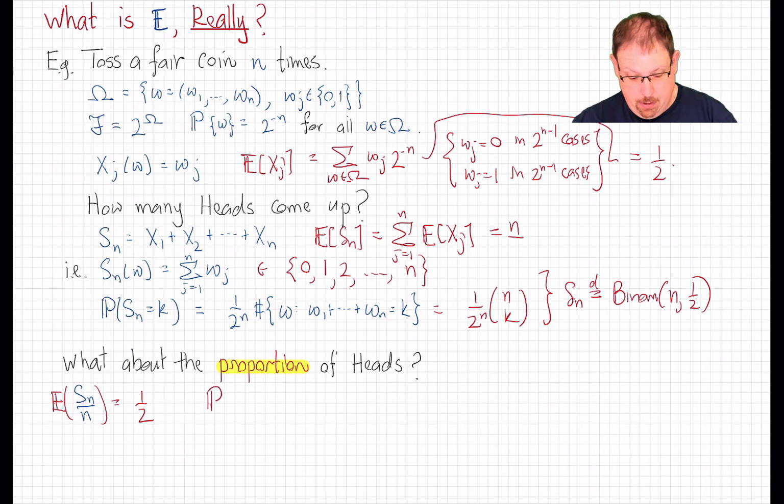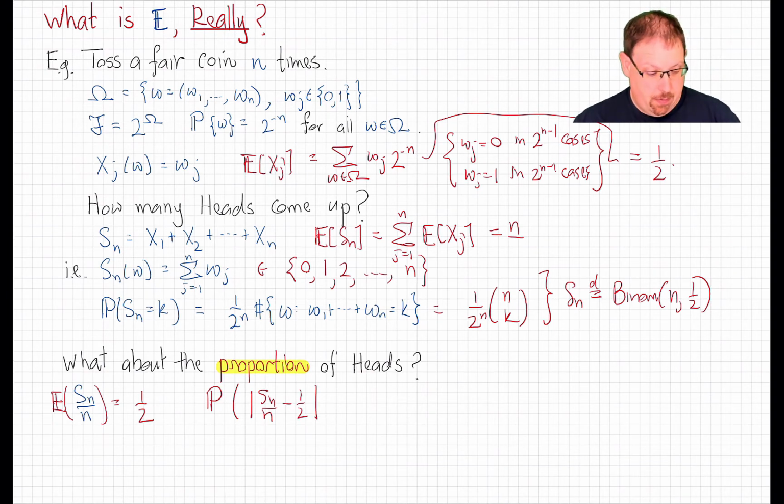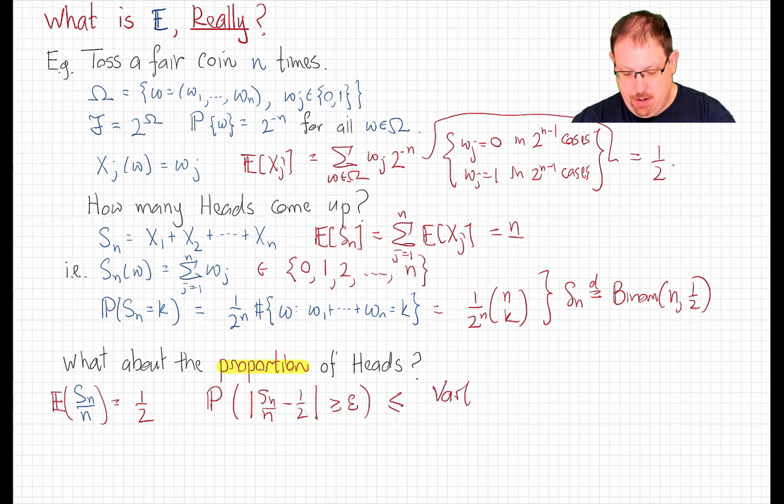Well, let's consider the probability that Sn over n, the proportion of heads, minus the average, the expected value, 1/2, is bigger than or equal to some tolerance epsilon. One nice thing we can do is use Chebyshev's inequality and estimate this probability from above by the variance of Sn over n divided by epsilon squared.